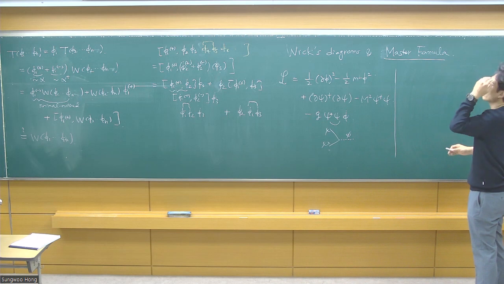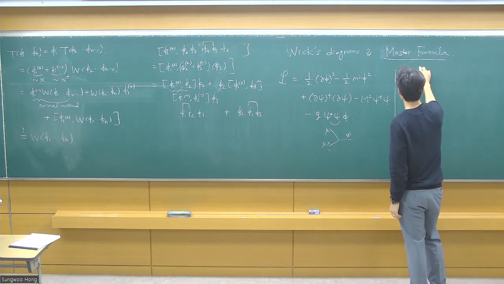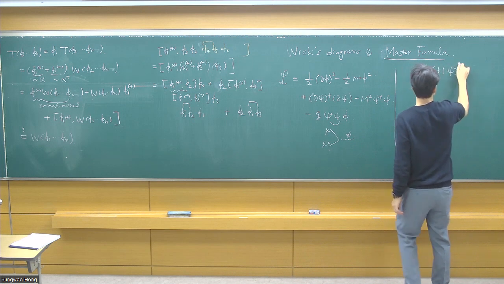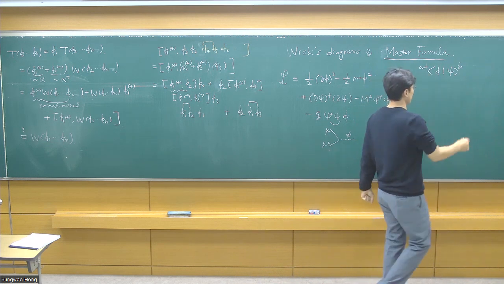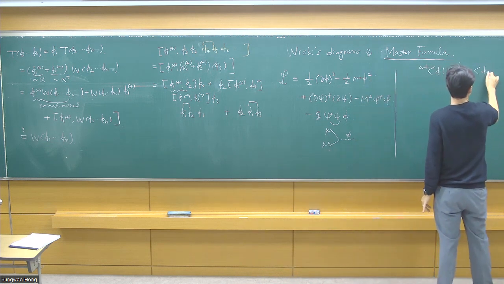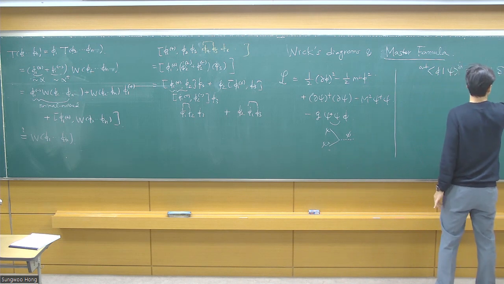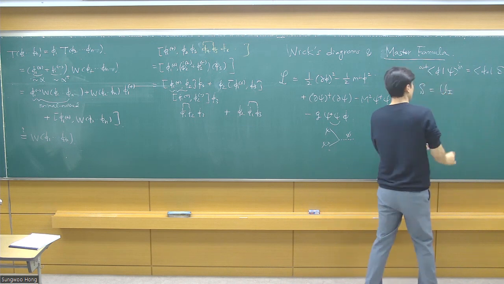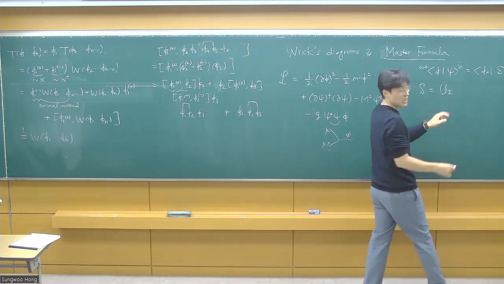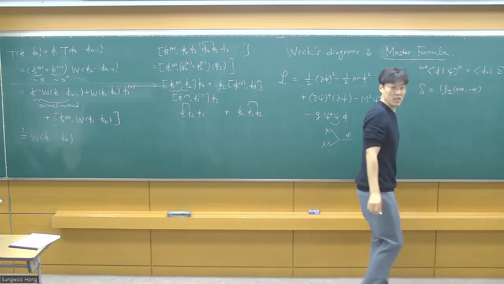Okay, so what is the diagram? For that matter, recall we talked about the following formula. We are interested in asking questions about scattering properties. There's some number of particles in the in state, some number of particles in the out state, and we talked about the fact that this can be written as the unitary S operator, and that unitary S operator comes out to be the same as the interaction picture time evolution operator that runs from minus infinity to plus infinity.